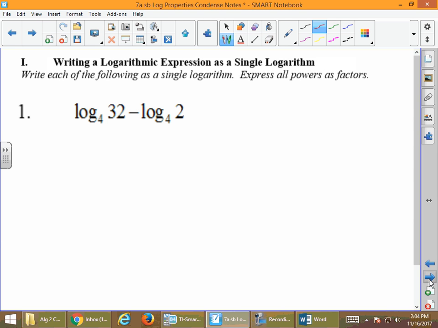Well, like I said a few minutes ago, look and see. Do we have a coefficient, a number in front of log base 4 on either of the log base 4s? In this particular problem, we do not. So the second thing that we look at is we see that we have a subtraction sign.